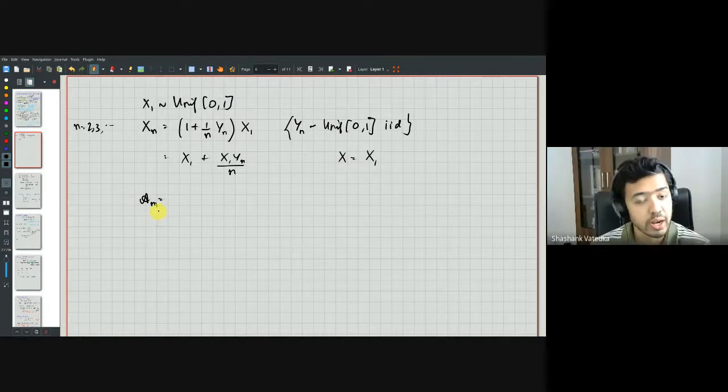So X1 is a random variable, right? A random variable is basically a function. You have a sequence of random variables, and corresponding to that you have joint distributions for sequences of random variables. They're not independent.